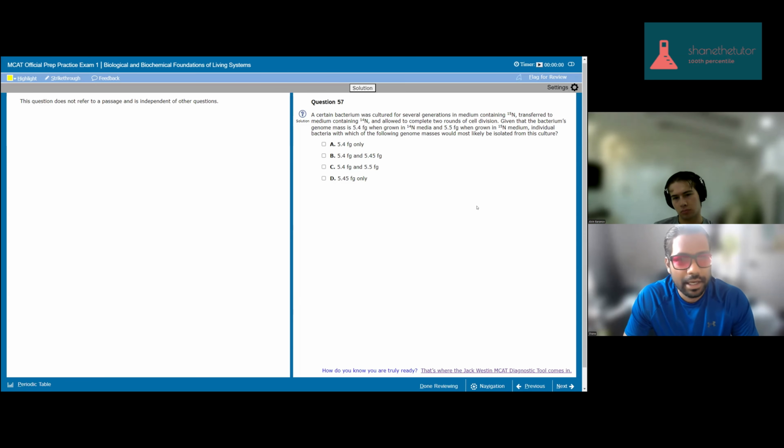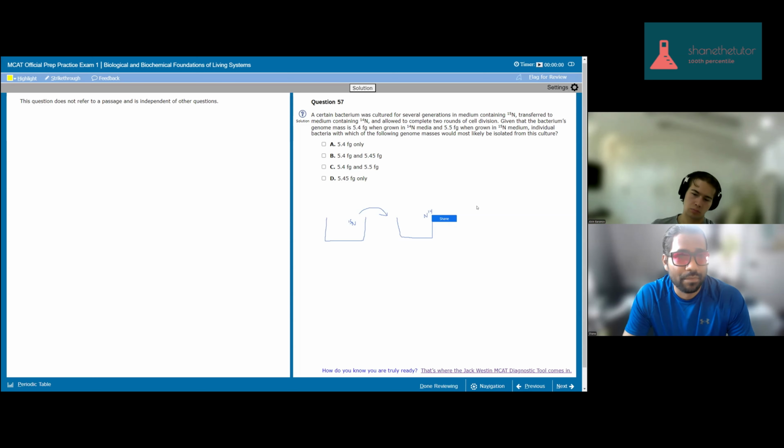So we have something full of N15, and we incubate or culture this bacterium. So it's going to be incorporating that N15 into itself. And then we transfer it to something that has N14, and it was able to complete 2 rounds of cell division.